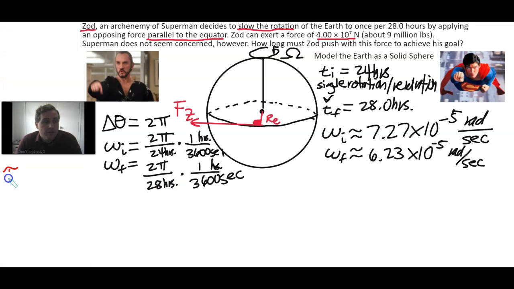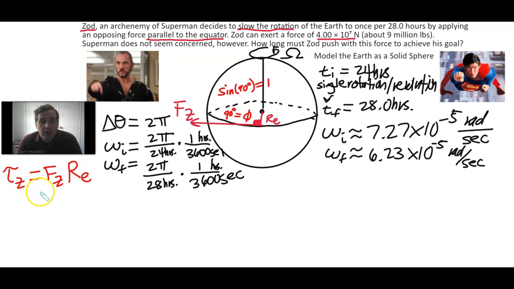So the torque from General Zod should be the force from General Zod times the radius, and that's the radius of the Earth. That's the radius that General Zod exerts the force at. Notice we don't need sine of phi here, because I think that phi is exactly equal to 90 degrees. And we know the sine of 90 degrees to be exactly 1. So this force and this radius are exactly perpendicular to one another.